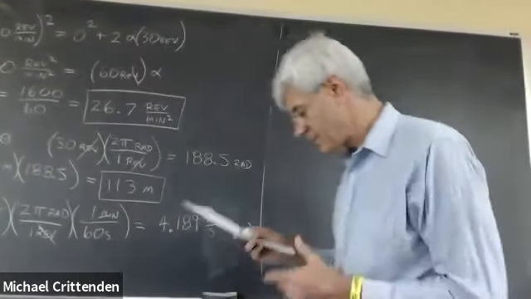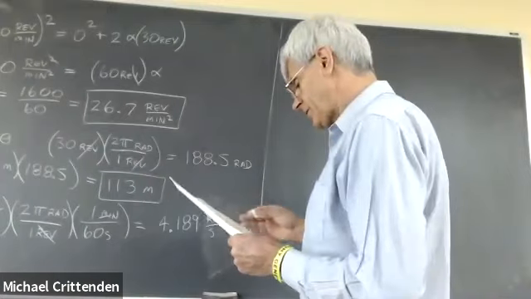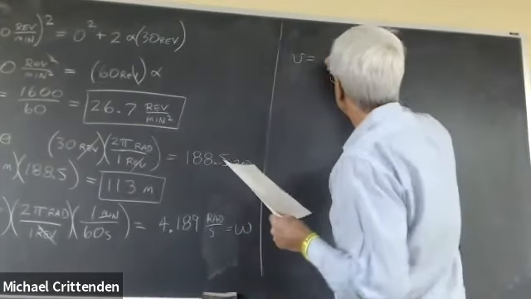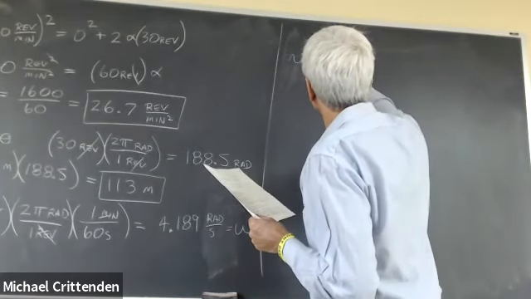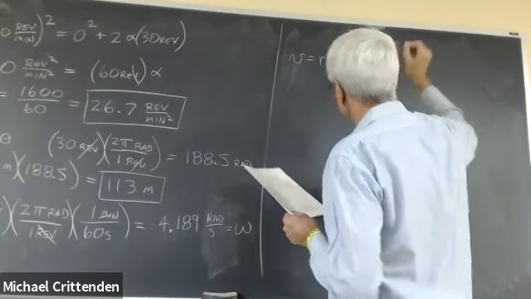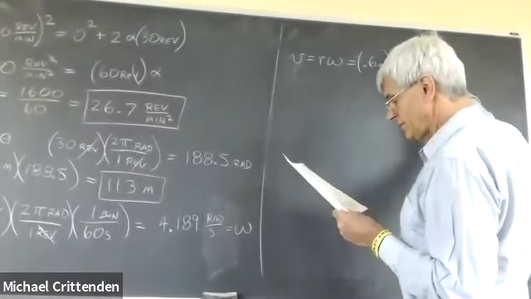Once you've got the units straight, velocity is equal to R times omega, which is 0.6 of a meter times the number that I just came up with.